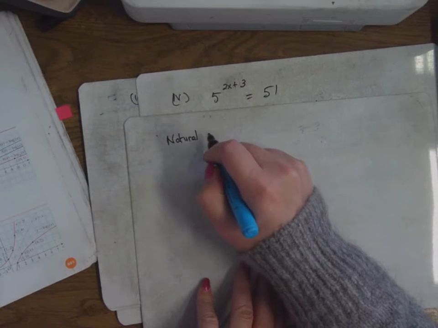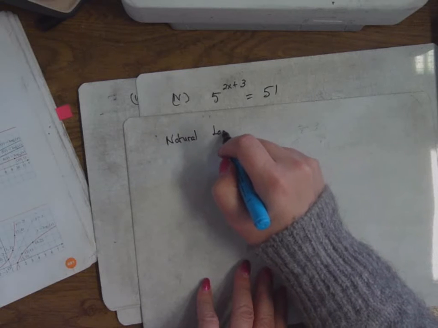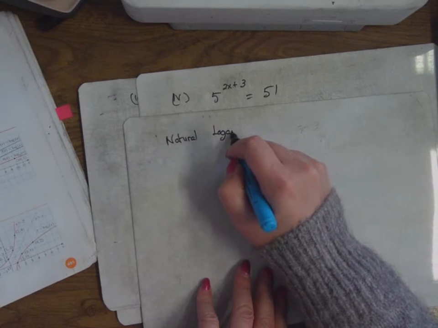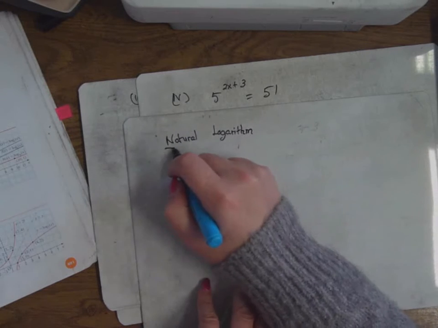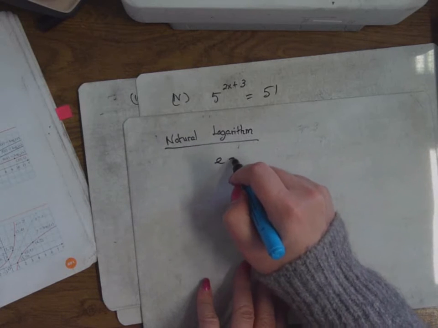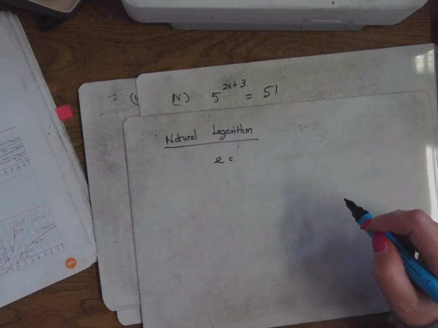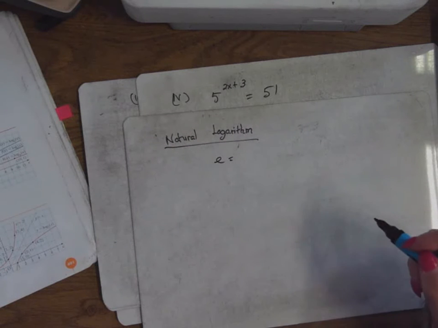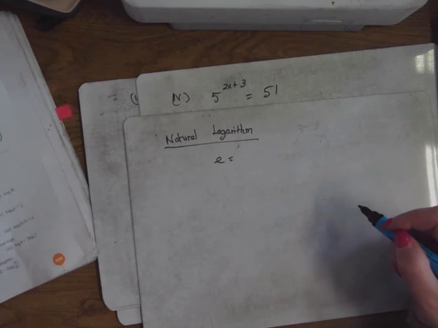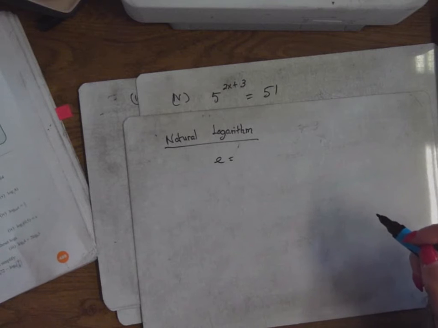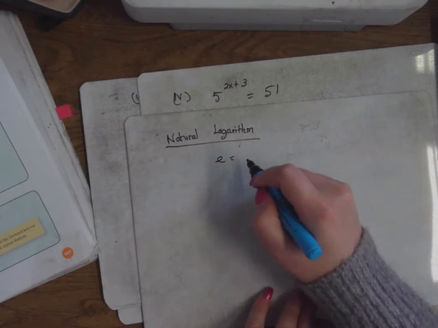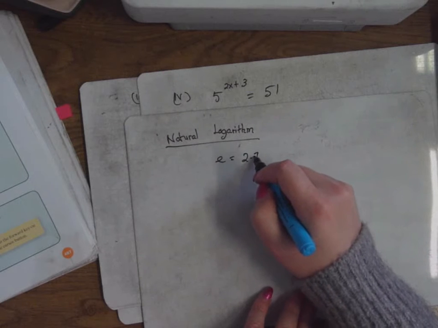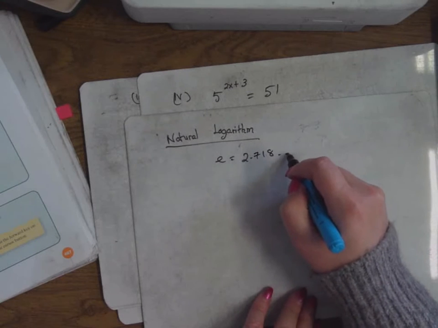You know the way pi is a number. E is a number. It's 2.71 something, .718, and again it goes on forever.